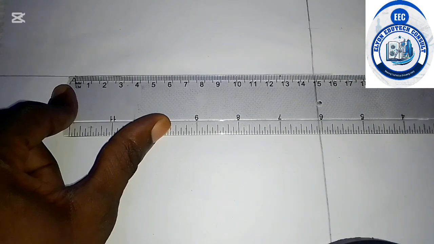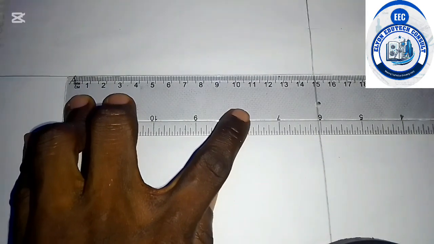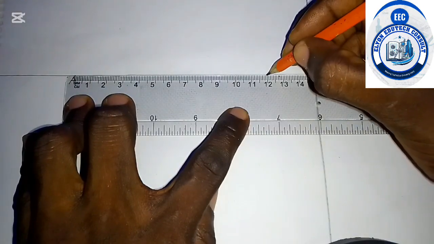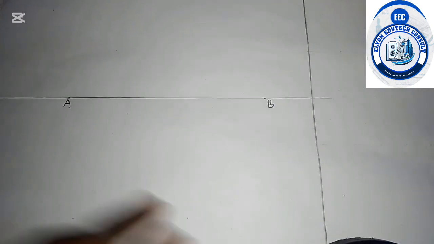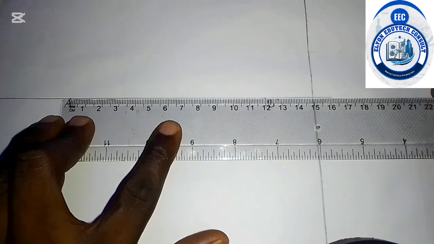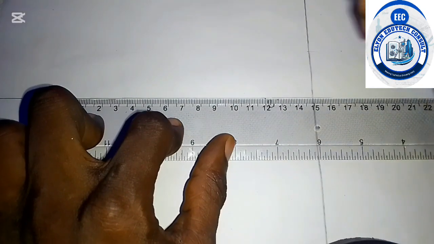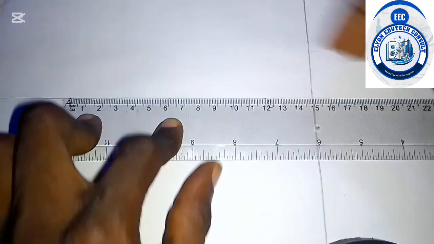The major axis is 120, so in centimeters, that will be 12. So we have this side as B. The minor axis will be at the midpoint of the major axis. Every ellipse should have the major axis and the minor axis, which is 6 at this point now.